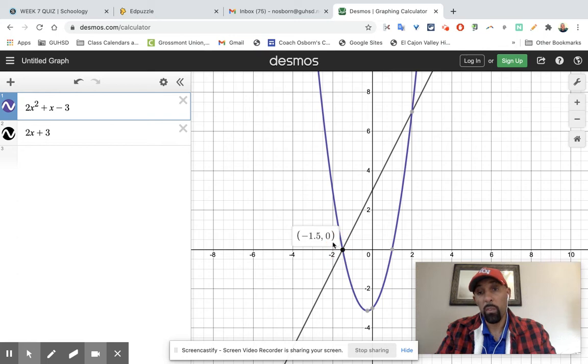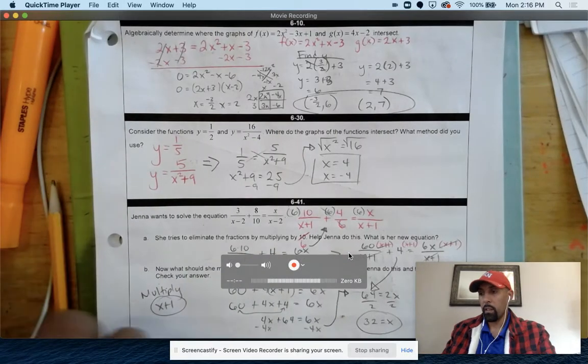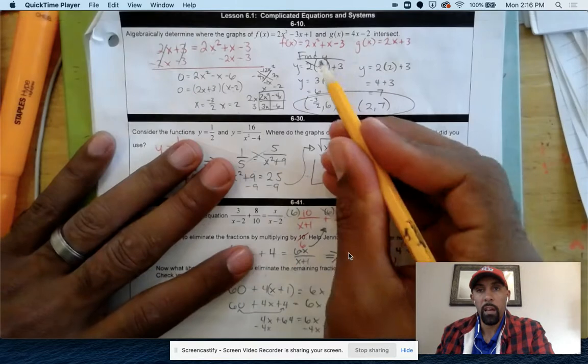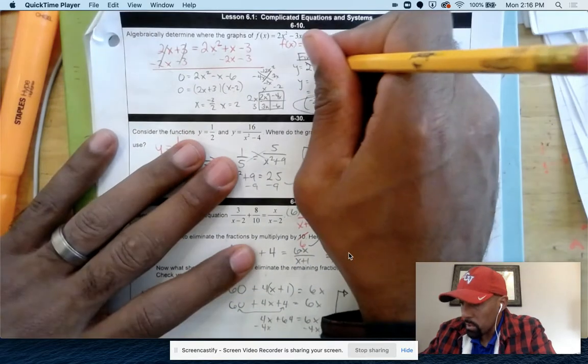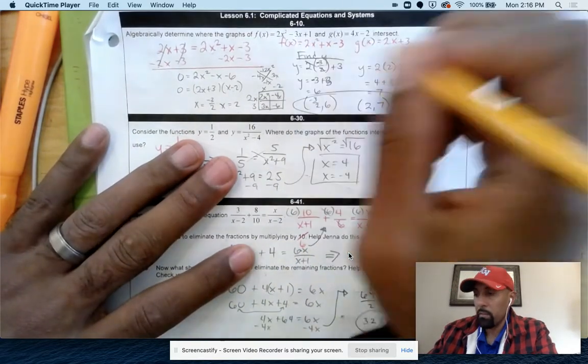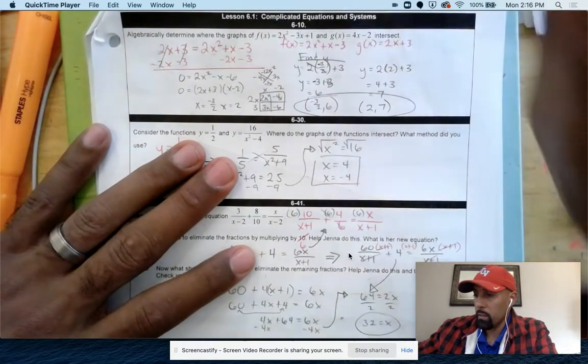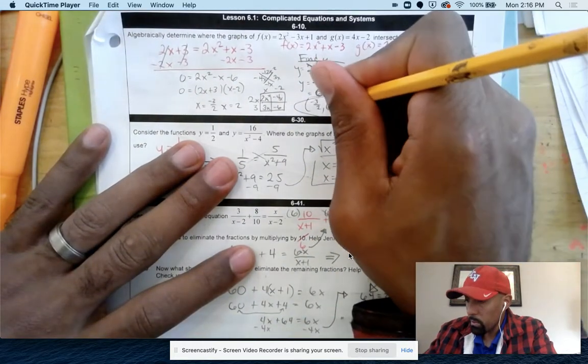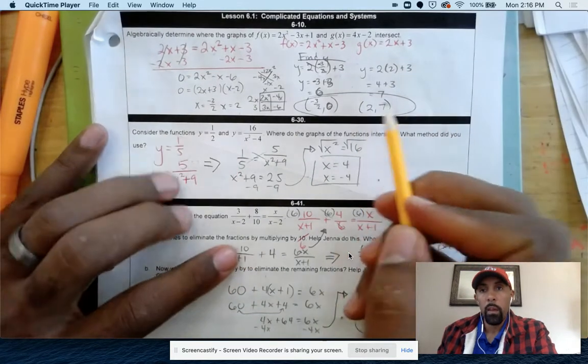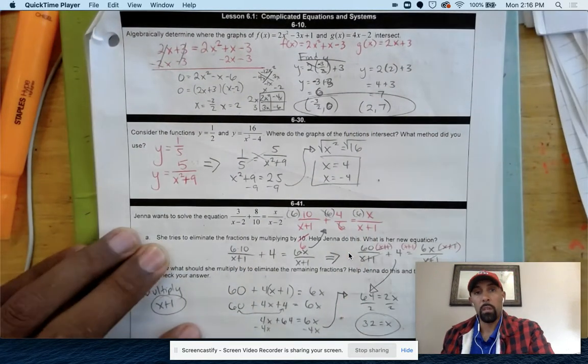That's actually supposed to be negative 3 halves, 0. When I plugged in the 3 halves, I forgot the negative, so negative 3 plus 3 ends up being 0. So I get 0 here. That's one way you can check your work, just in case you make a mistake.